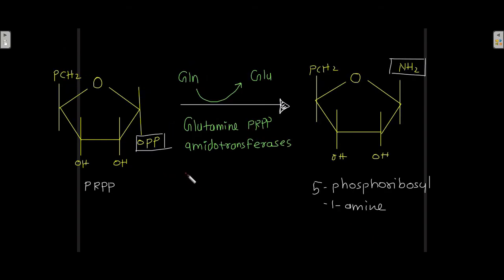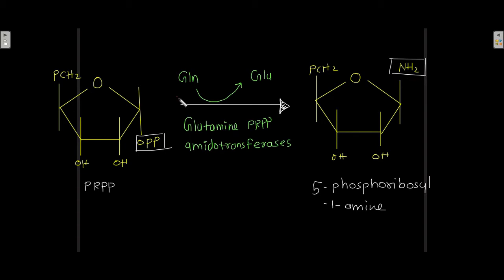So this is how the reaction looks. This is PRPP. It is getting converted into 5-phosphoribosyl 1-amine, and as you can see, this OPP is getting replaced by NH2.